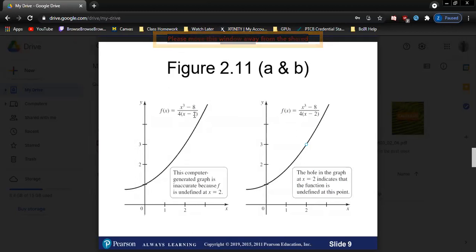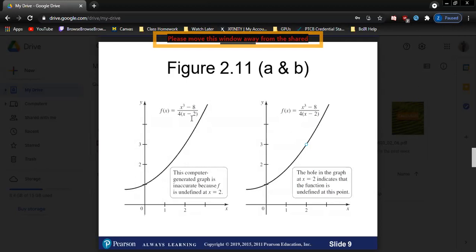If the numerator is 0, that's fine, because 0 over something gives us a 0, and that's still a defined value, so no worries with that. But we don't want the denominator to be 0, because that gives us an undefined value, right? There will be no defined value for that. So clearly you can see if x equals 2, then the denominator becomes 0.